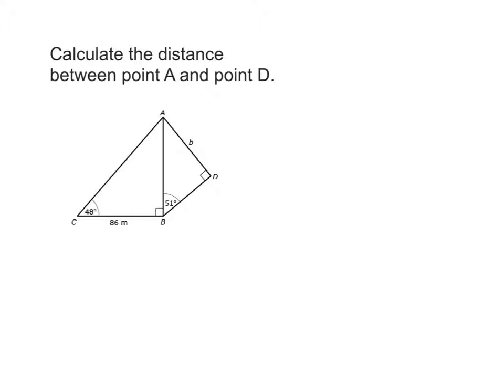Because when you look at triangle ABD, you only know two pieces of information, the right angle and another angle. But if you look at triangle ABC, you have enough information to work with it. So I want you to start by trying to find the length of that side AB, that side that's common to the two triangles. All right, so to find that AB, I'm going to use tangent.